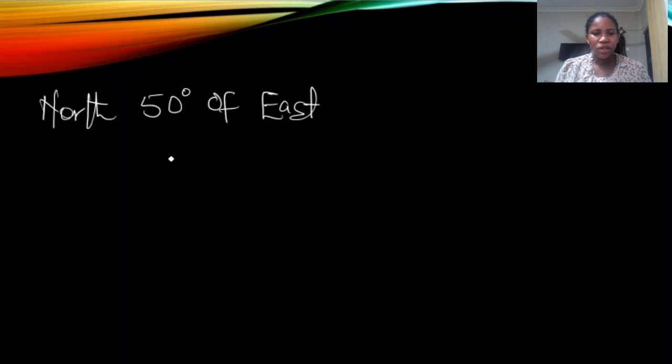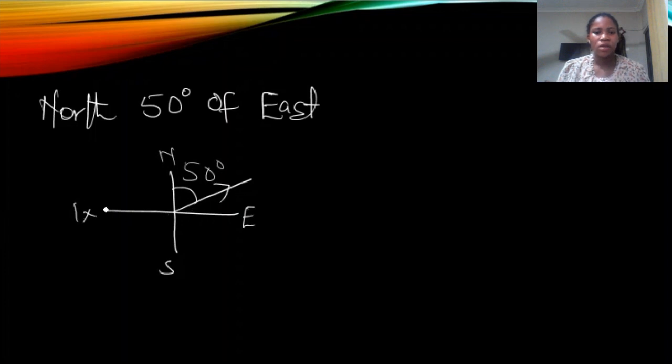People would confuse this and draw it as this: 50 degrees, this is north, south, east, draw the arrow, west. People confuse this and draw it as this, but this is not actually what it is. If they say something is north of another part, like north of east, it means the vector was moving rather from the east to the north. So it's actually like this.